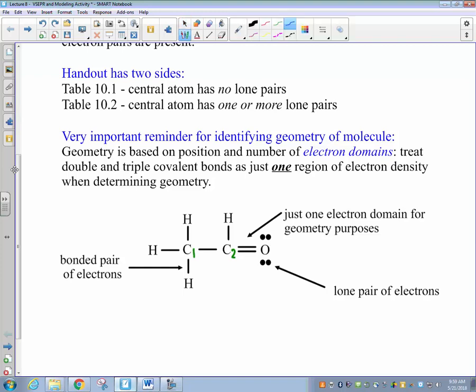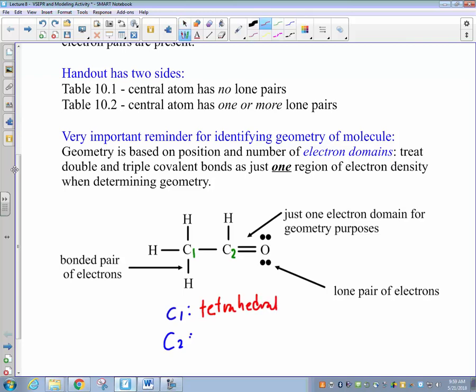So for this particular molecule, we're going to label separate geometries for both carbon 1 and carbon 2. Applying our rules, looking at carbon 1, there are a total of 4 domains around carbon 1, all of which contain bonded pairs of electrons. And looking at your sheet on the side of table 10.1, where we have no lone pairs, an electron domain arrangement where we have 4 bonded pairs of electrons gives a geometry around carbon 1 of tetrahedral geometry.